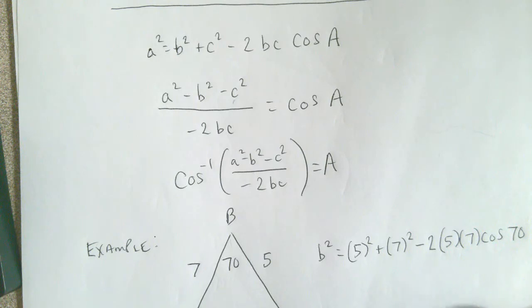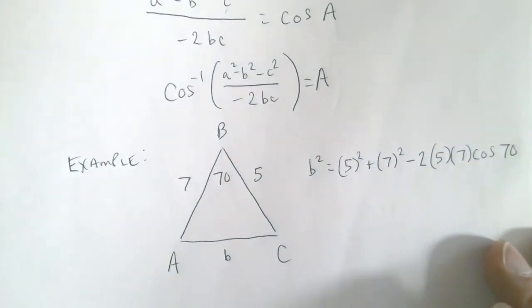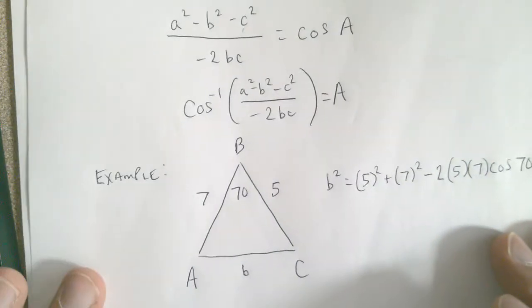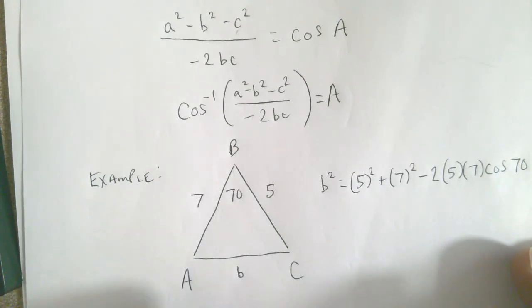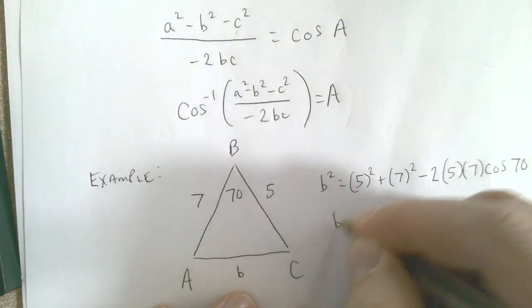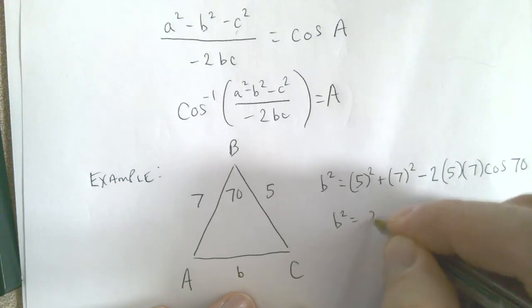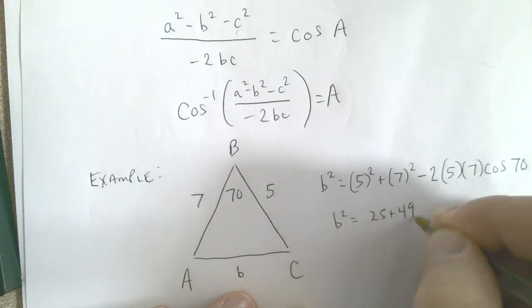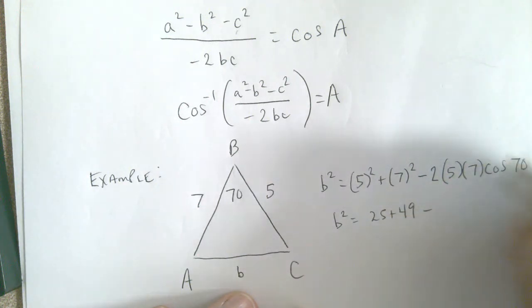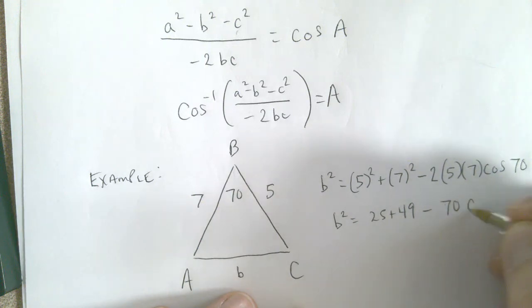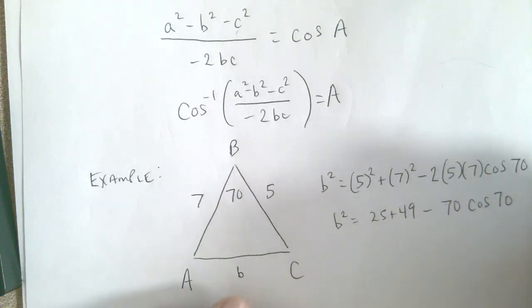Here's what we've got at this point. If we work through this, B squared is equal to 25 plus 49, minus, if I multiply this together, 70 times the cosine of 70.